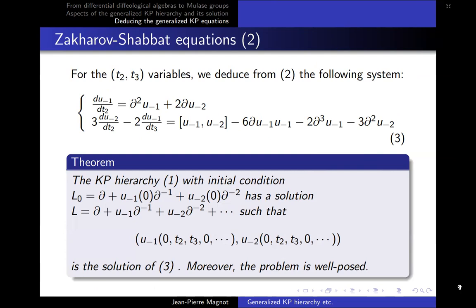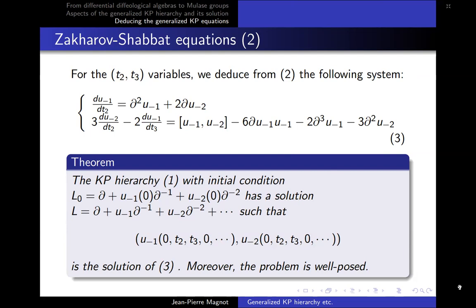So this system is the strict translation of the T2, T3 equation in the coefficients. So these are the conditions that ensure that the T2, T3 ZS equation is fulfilled. There is no simplification here.